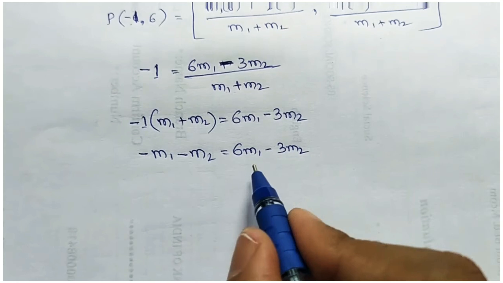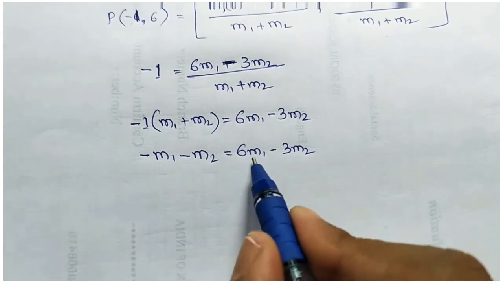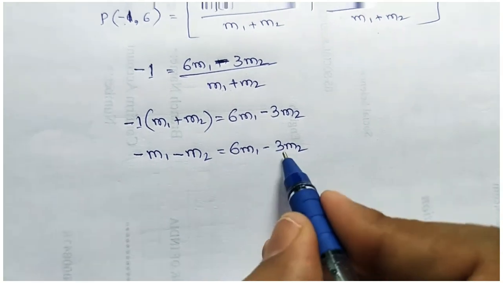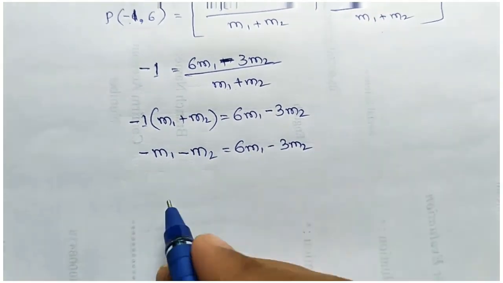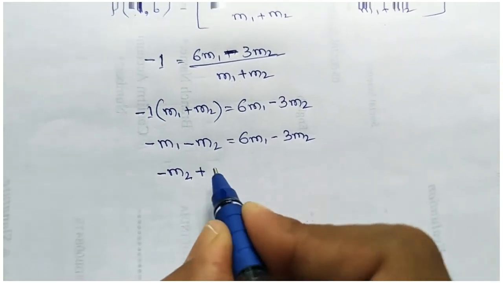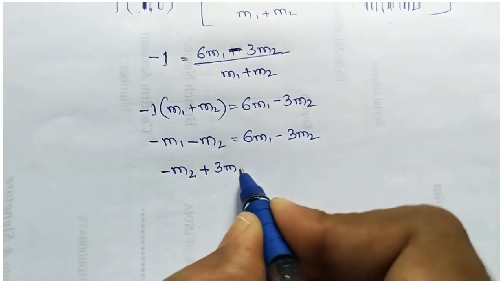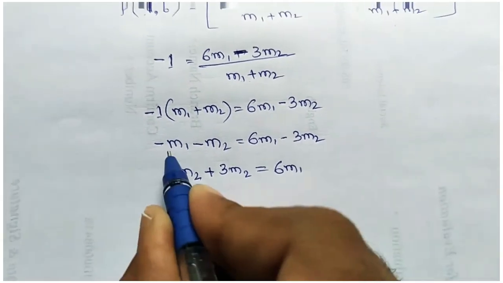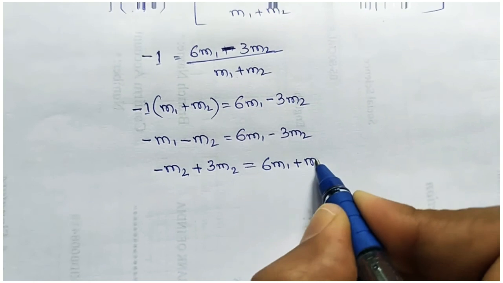So interchange the like terms to the same side. So here 6 m1 is there, I will take the minus m1 to the right side and minus 3 m2 to the left side. So here minus 2 is there already, I will take this minus 3, that becomes plus 3 m2 equal to 6 m1, this minus m1 becomes plus m1.